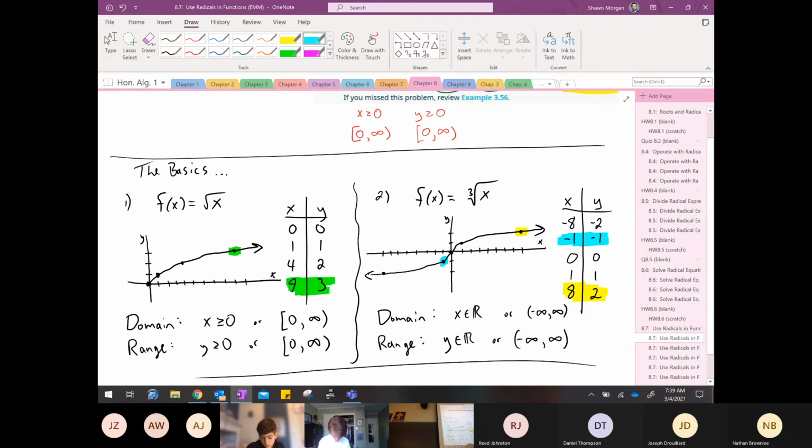Well, it's whatever number, when multiplied by itself thrice, equals -1. And in that case, it's -1. So there's a difference in the domain and range between these two functions. The domain and range are restricted by definition in the square root function, whereas there are no restrictions on the cube root function. These are what I call, quote, the basics, okay? These are the basics.